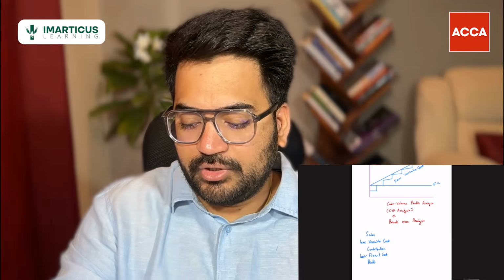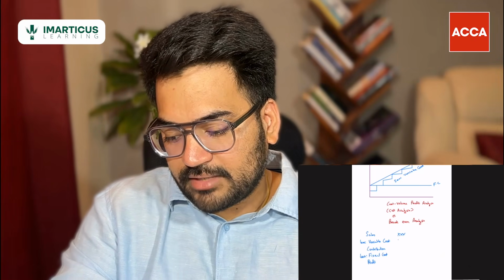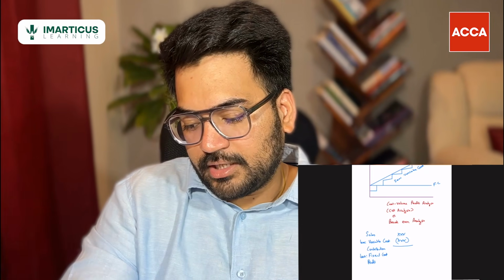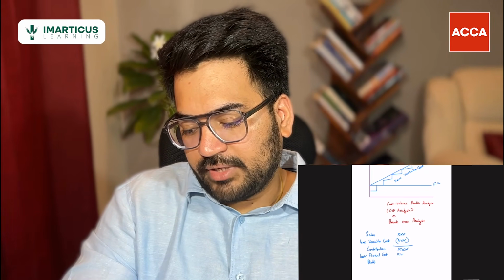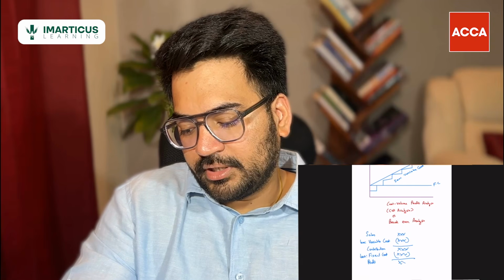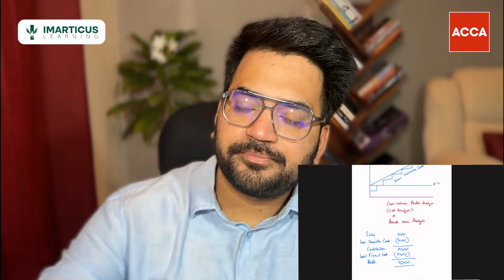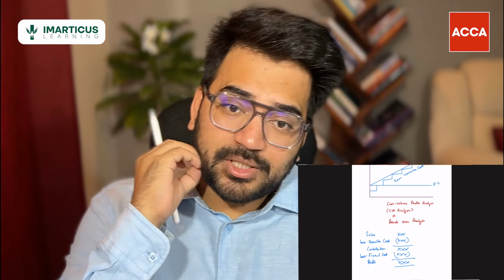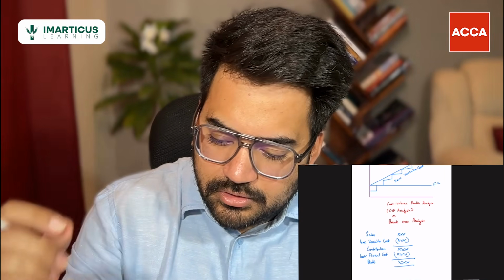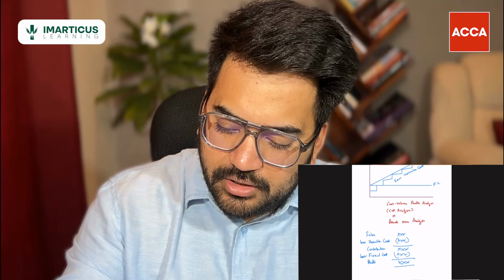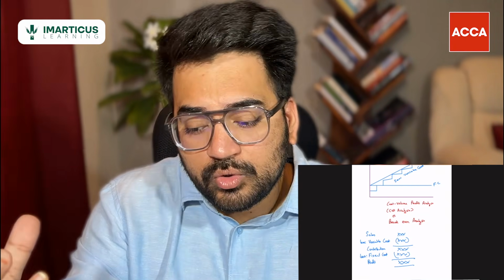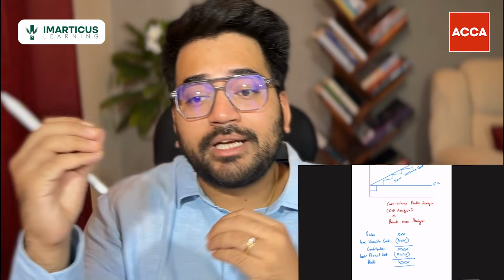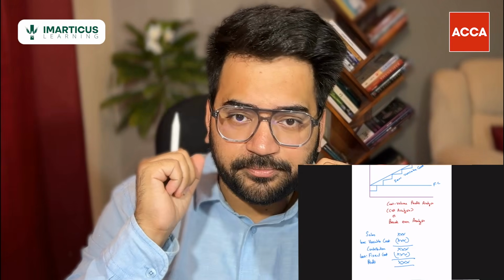Now what I want to understand is what is that point where I will neither make a profit nor make a loss. From this entire exercise of doing sales less variable cost, coming to contribution, minus fixed cost, coming to profit, I want to know how much of sales units I need to do to ensure that I'm neither producing a profit nor a loss, right? Which means the chart should be somewhat like this.